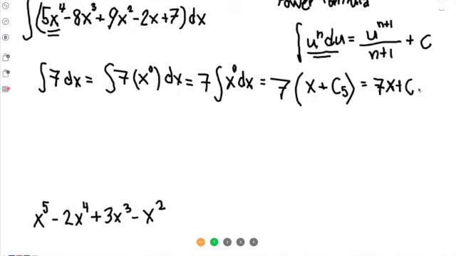Okay, so we put this answer here, that would be 7x. And yung kanina na meron tayong C1, C2, C3, C4, C5, we add them together and we just put it as a constant of integration, C. Okay, so this would be sagot natin dun sa integral na ating in-evaluate.